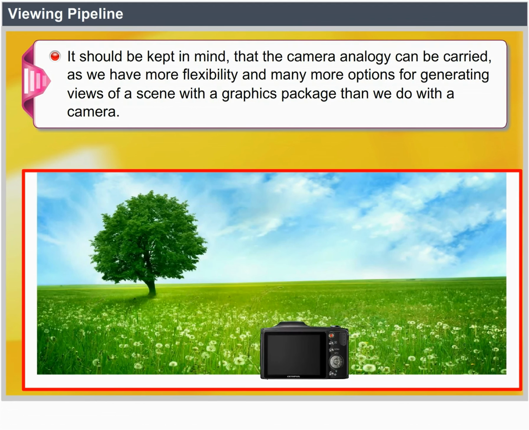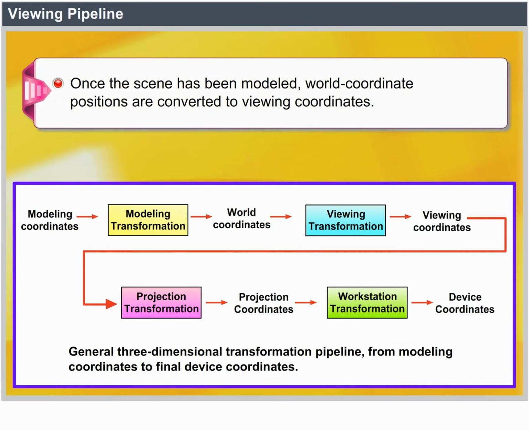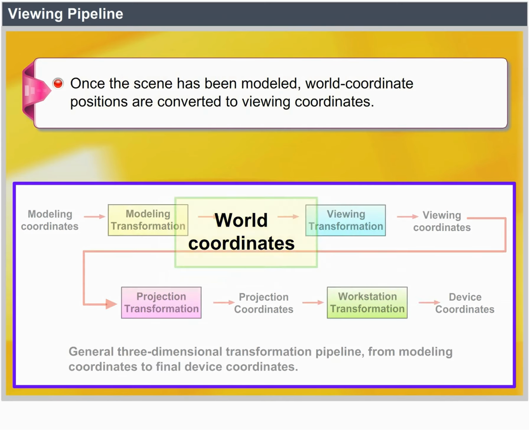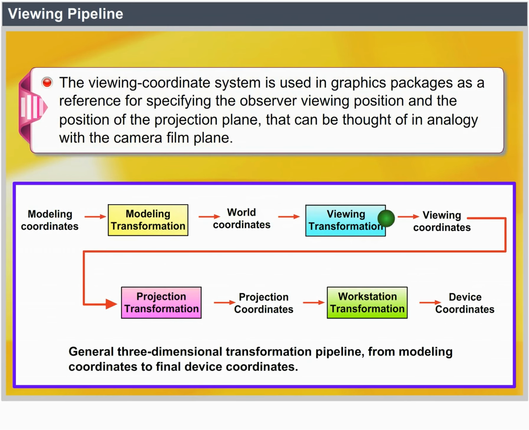This figure shows the general processing steps for modeling and converting a world coordinate description of a scene to device coordinates. This figure shows the general three-dimensional transformation pipeline from modeling coordinates to final device coordinates. Once the scene has been modeled, world coordinate positions are converted to viewing coordinates. The viewing coordinate system is used in graphics packages as a reference for specifying the observer viewing position and the position of the projection plane, which we can think of as an analogy with the camera film plane.